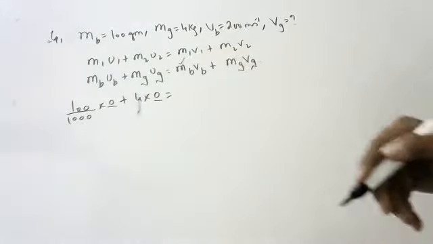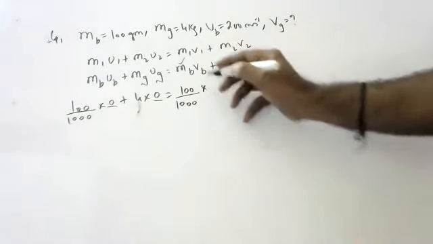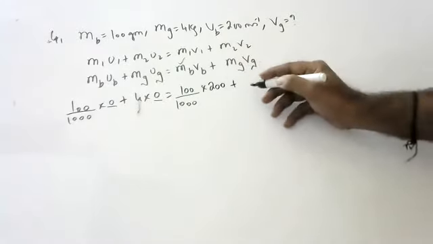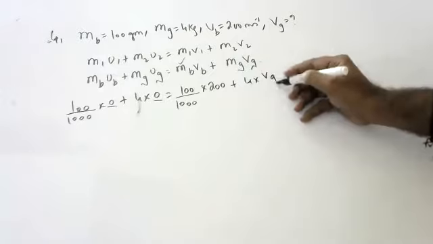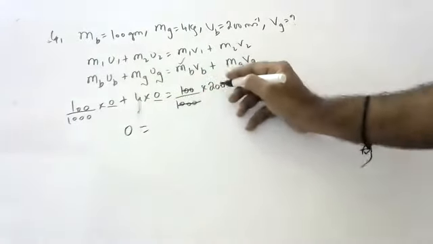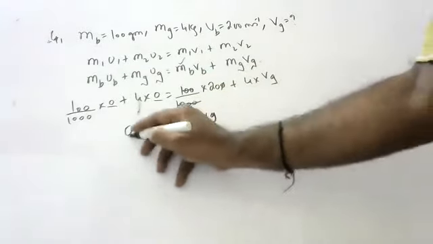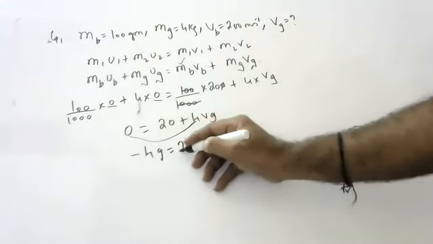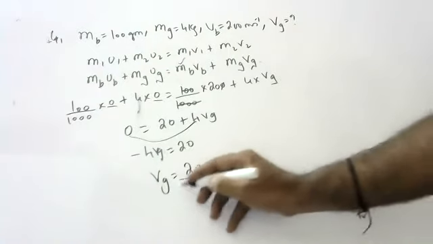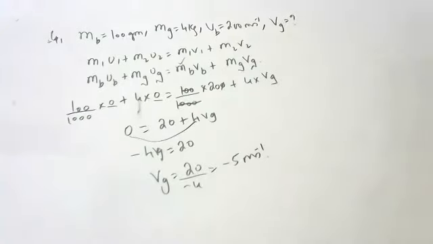Equals 100 by 1000 into 200 plus 4 into Vg. Three zeros have gone, so 0 is equal to 20 plus 4Vg. Minus 4Vg is equal to 20. Vg is equal to 20 by 4, minus, which is minus 5.